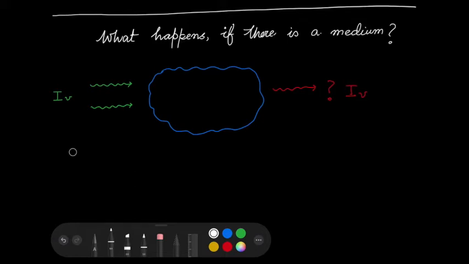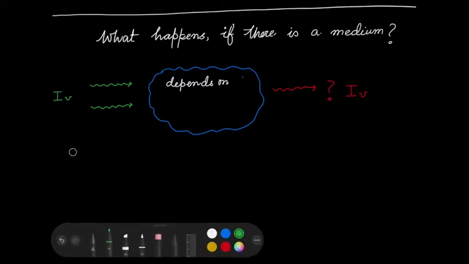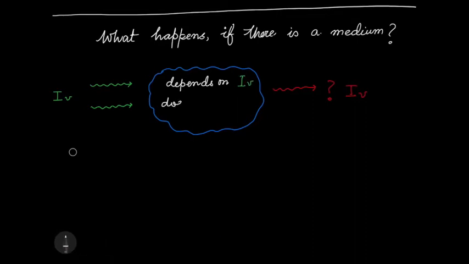Okay. In between the medium, two types of processes grossly can happen. One that depends on I nu, and the other that does not depend on I nu. Okay. So we will see the effect of both of these processes today.